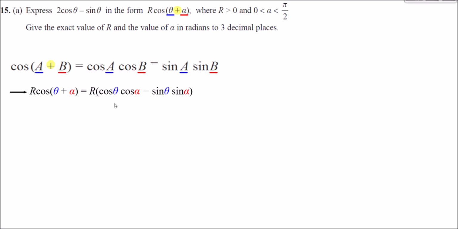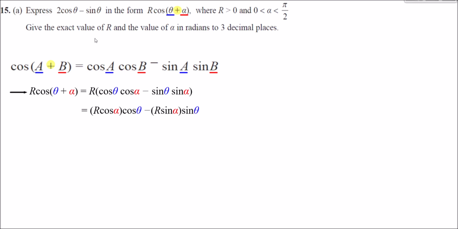I can now rearrange this to work out the components of both cos theta and sin theta and then equate them to what they need to be. If I rearrange this a bit, I get r cos alpha times cos theta, then minus r sin alpha times sine of theta.